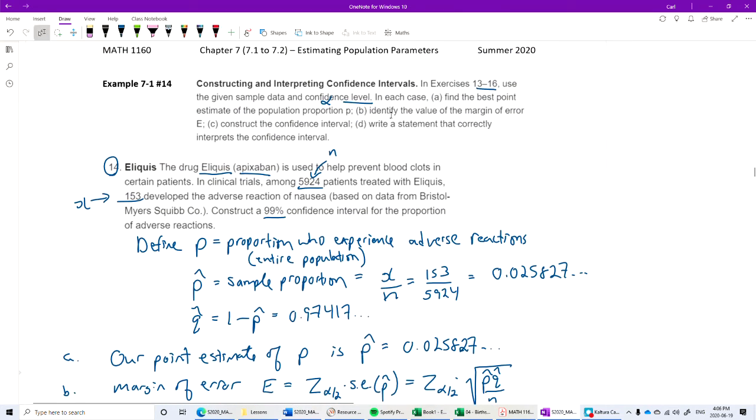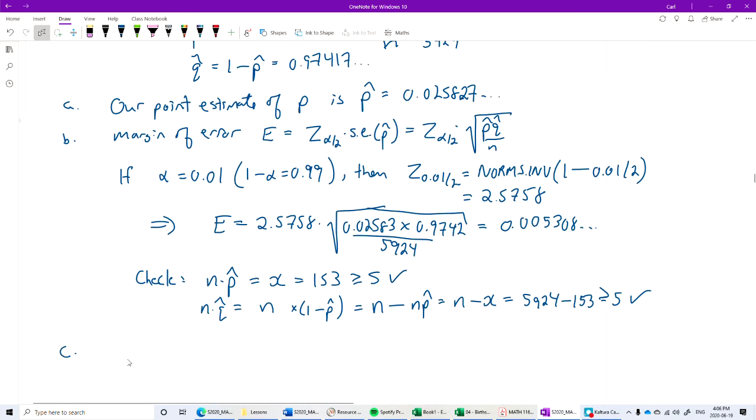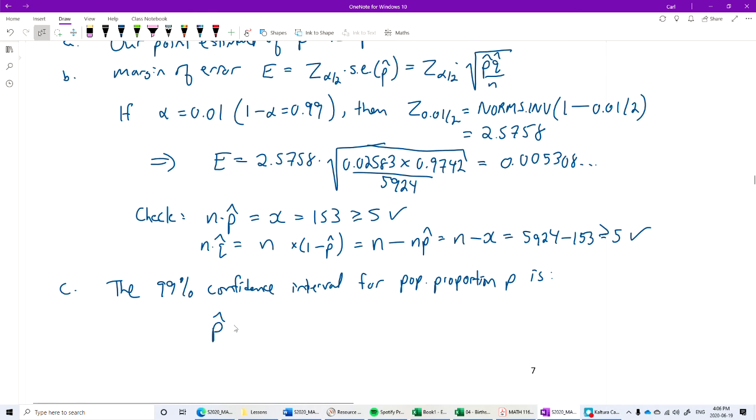And part C, construct the confidence interval. So the 99% confidence interval for the population proportion P is P hat minus E less than or equal to P less than or equal to P hat plus E. So what did we have?